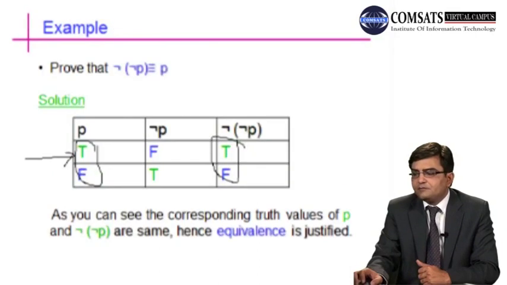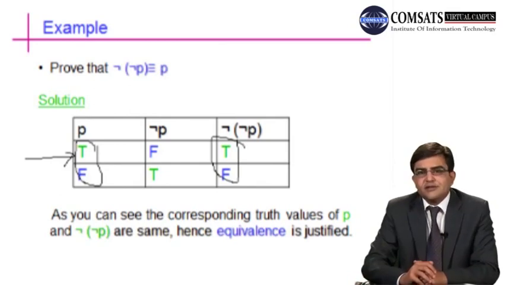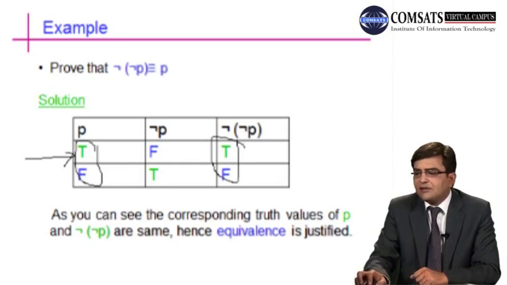For example, if we want to prove the logical equivalence between these two propositions, this is a compound proposition, and on the right hand side we have a proposition P. If we construct the truth table of these two propositions, here in the truth table P has two possible values, true or false.